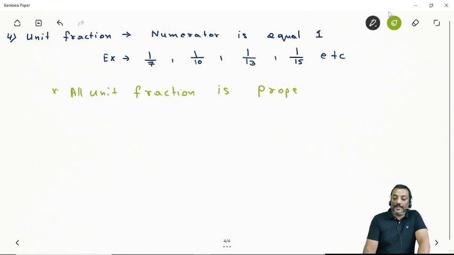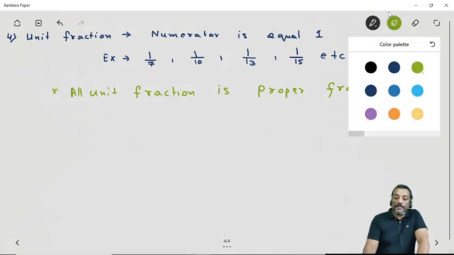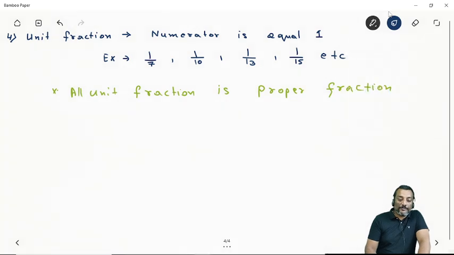So if you get a true or false question, is a unit fraction a proper fraction? You can say yes, a unit fraction is a proper fraction because here the numerator is less than the denominator.